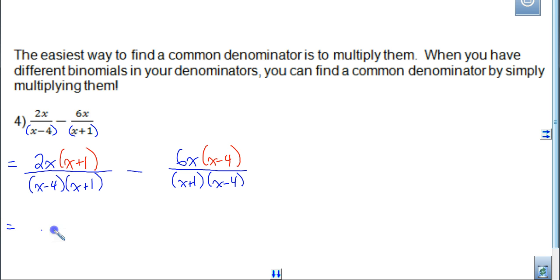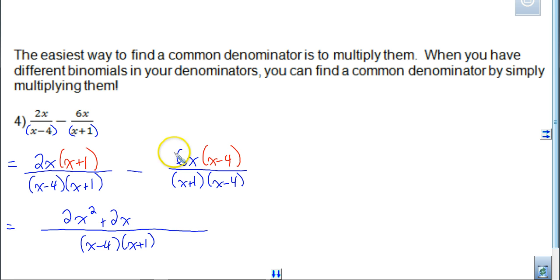Now I can expand everything and simplify, so I'm going to write this as one expression now with the denominator of x minus 4 times x plus 1. So I'll have 2x squared plus 2x. Now this is a minus 6x, so when I expand it I'll get minus 6x squared and then plus 24x, because that's minus 6x times negative 4.